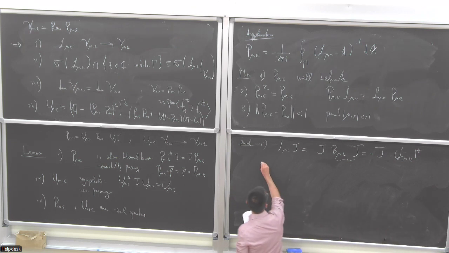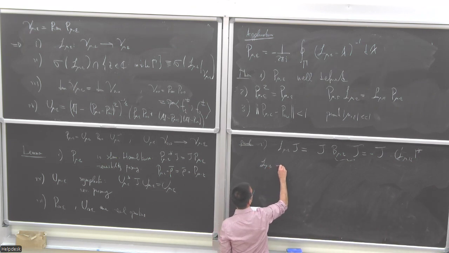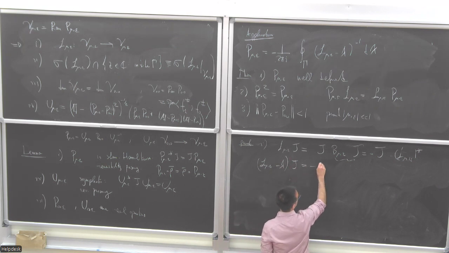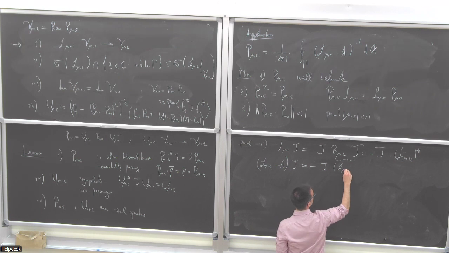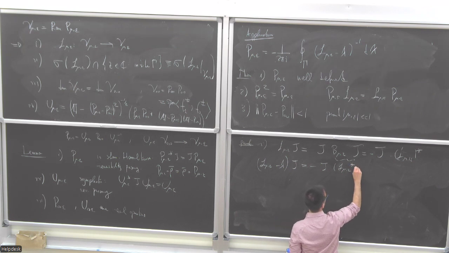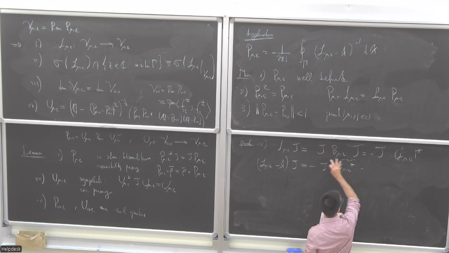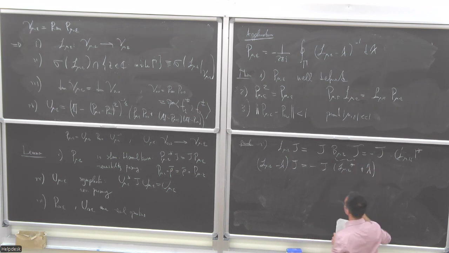And so what does it mean? This means that L mu epsilon minus lambda J is equal to minus J L mu epsilon star. So I subtract lambda on both sides, so here I get plus lambda.